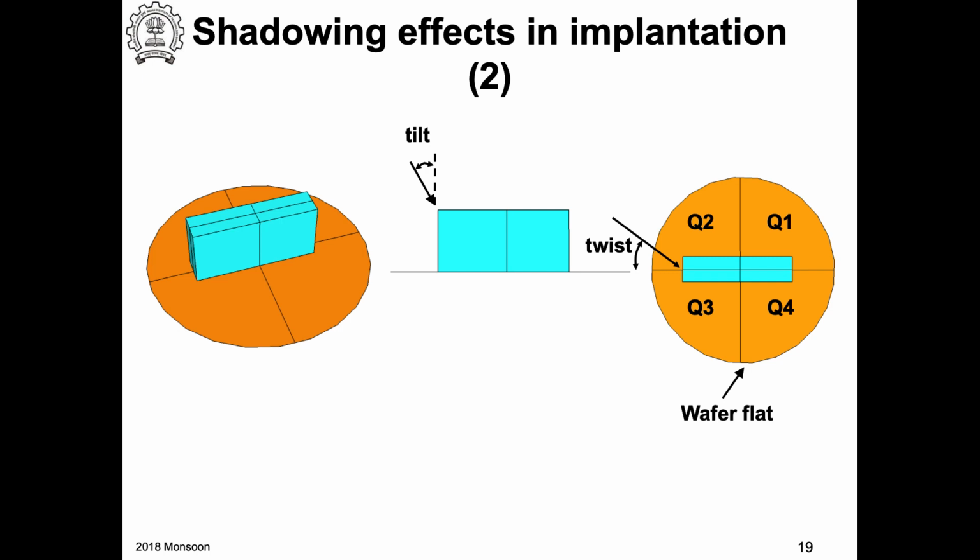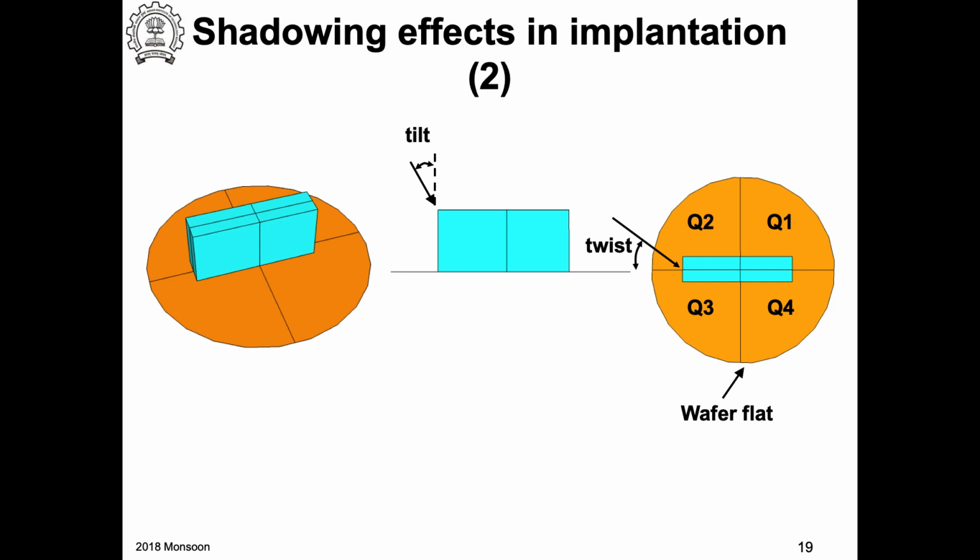So what is then being done is what is called a twist. You take this wafer and you have tilted the beam this way, but you are also twisting. So this is my fin looking from the top, and I also apply a twist to this.